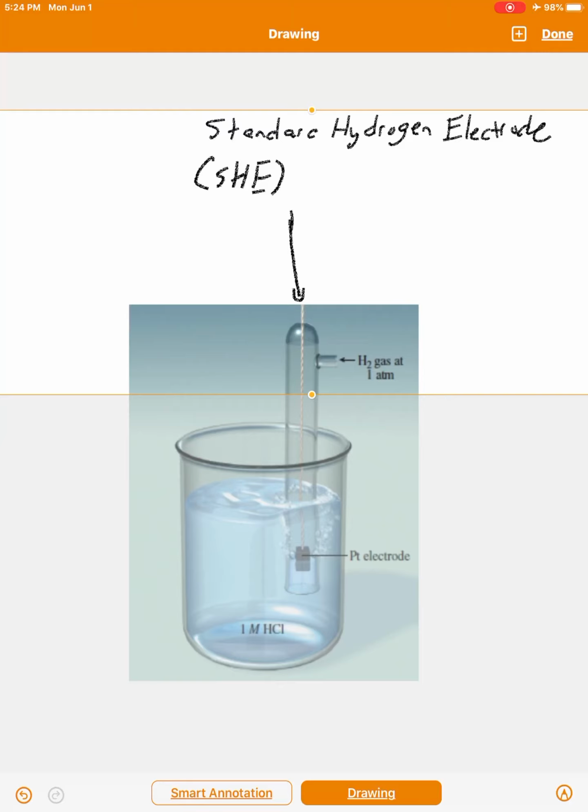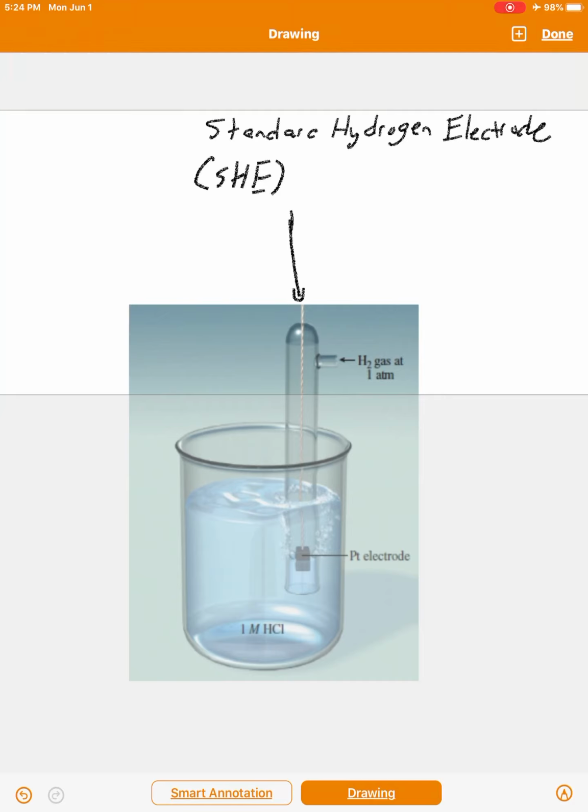Okay? So that platinum electrode, see all the way down at the bottom, there's a big chunk of platinum? That right there is where the chemistry is occurring. The reaction is occurring. It could be a reduction reaction or it could be an oxidation reaction.